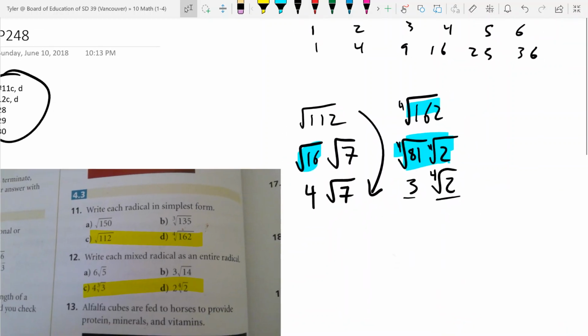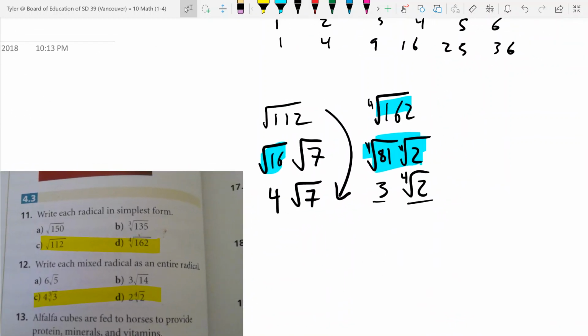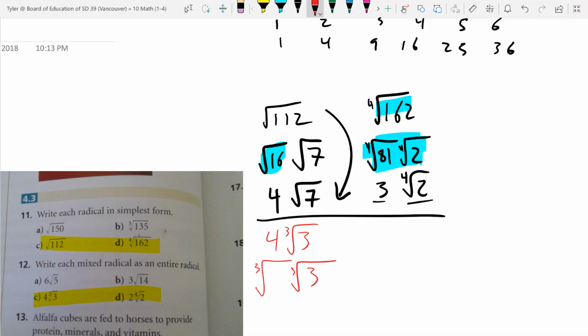The second part of the question, number 12, is actually a lot easier. What is it? 4 cubed root 3. So the idea is we need to turn the 4 into something that is cubed root and multiply it by cubed root 3. So we're going to do 4 cubed to figure out what it is. So that's going to be 64, right?